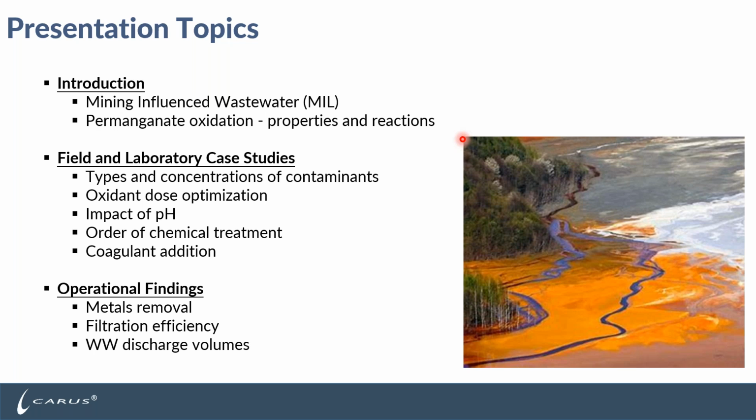Some of this includes the types and concentrations of contaminants in different water types, optimization of oxidant and other chemical doses, the impact of pH, the impact of the order of chemical addition, and the use of coagulant and flocculant products. Finally, we'll highlight some of the key operational benefits observed to some of these particular applications.